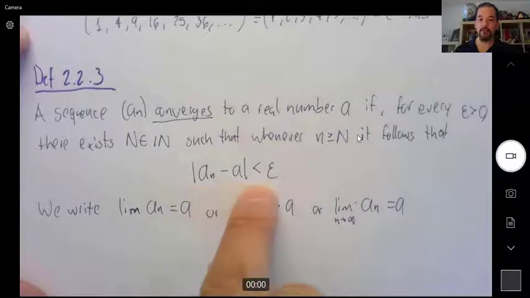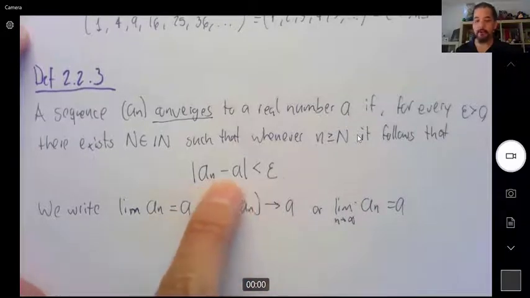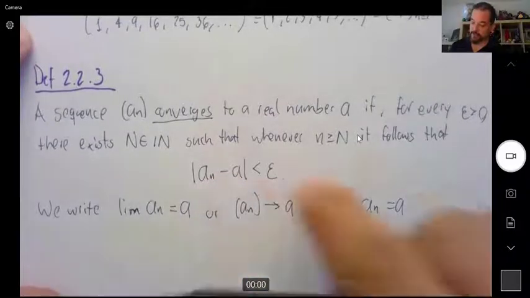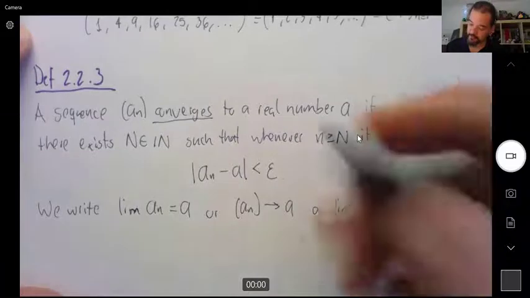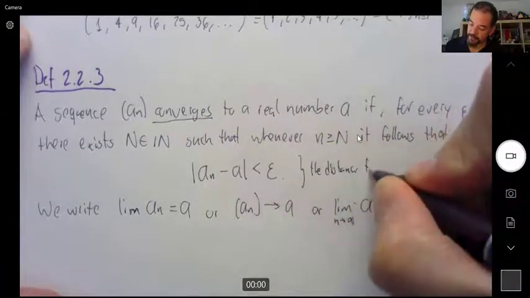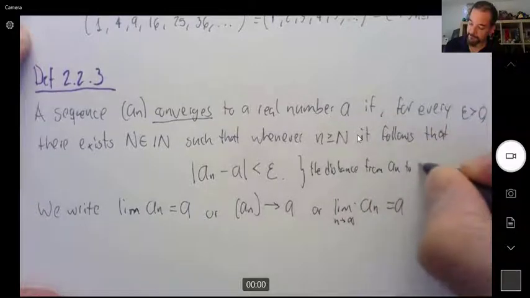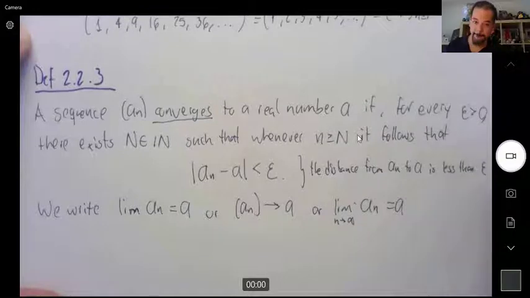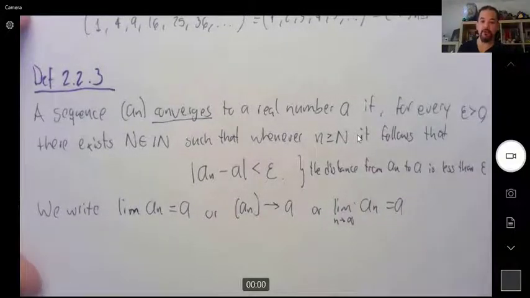We talked about this before, that the absolute value is a clever way of talking about the distance between two points in the real line. So this is an algebraic way of saying the distance from a_n to A is less than epsilon. I encourage you to think of it that way.